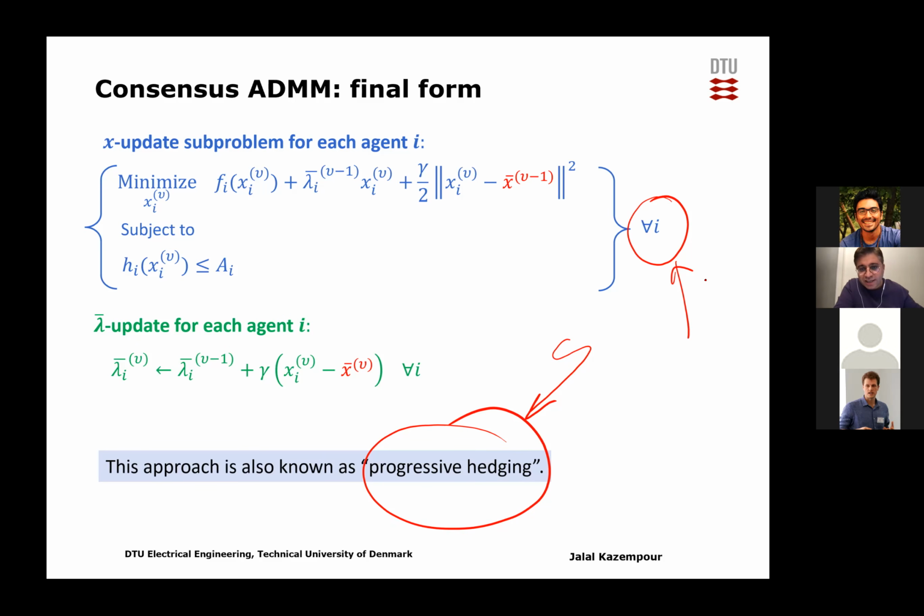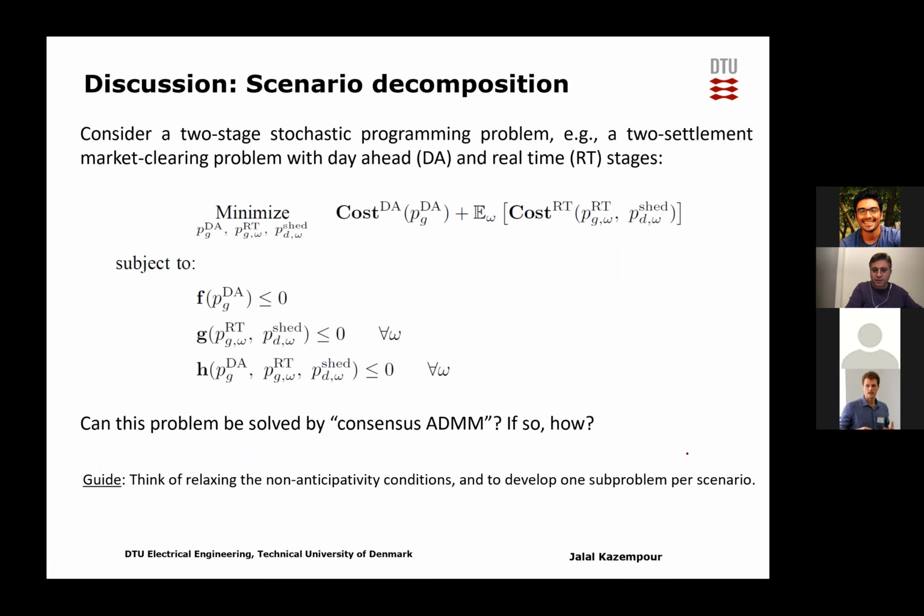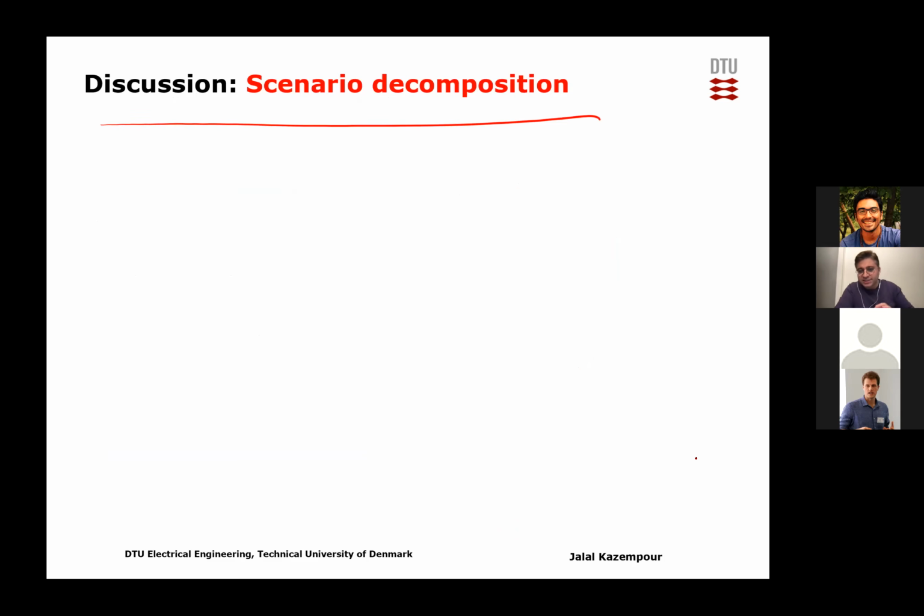If we have 100 agents, we solve 100 problems at each iteration in parallel. Raja asks, can you give some application examples of consensus? Yeah, this is exactly what I'm going to do, Raja. I have 2 examples right now.